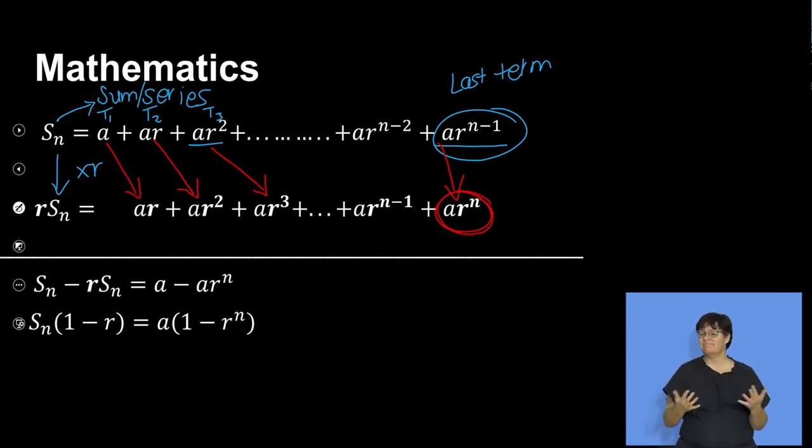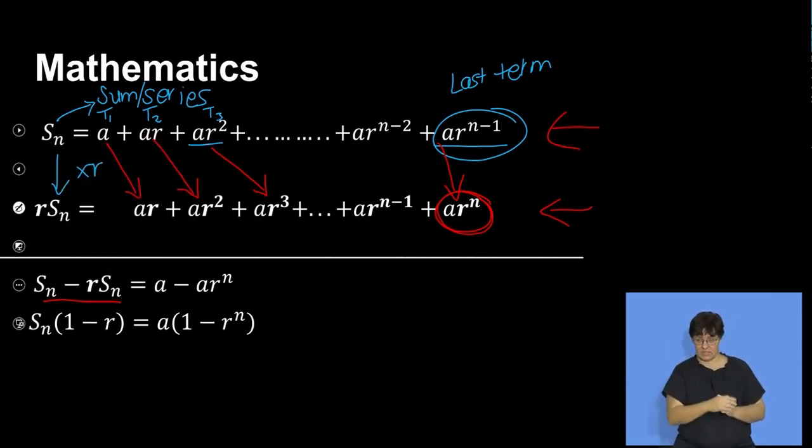How this helps me get my formula is I'm now going to say Sn - rSn. If I do that, essentially I'm taking the top line and subtracting the values of the bottom line. We are going to have a lot of cancellations.